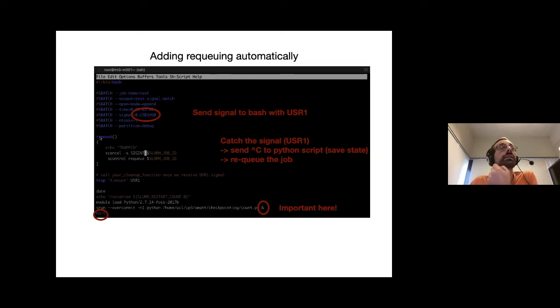So you also define a bash function that, in that case, does the scancel and requeue. And the way in bash that you say which function you need to call when you have a signal is trap. In this case, I'm sending another signal, which is not Control-C, but USR1, which means user signal one. But it's exactly the same as the example I showed before.